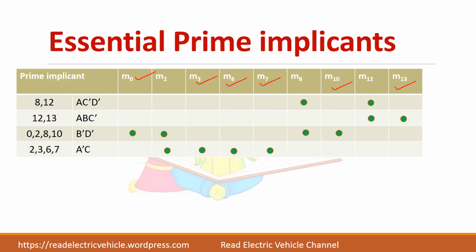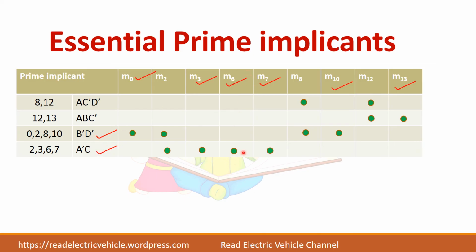Now you have to put a tick mark in the corresponding prime implicant. You take this one dot column, you go and see the corresponding prime implicant, put a tick mark. Now for again M3, which is the prime implicant here, so you put a tick mark here.